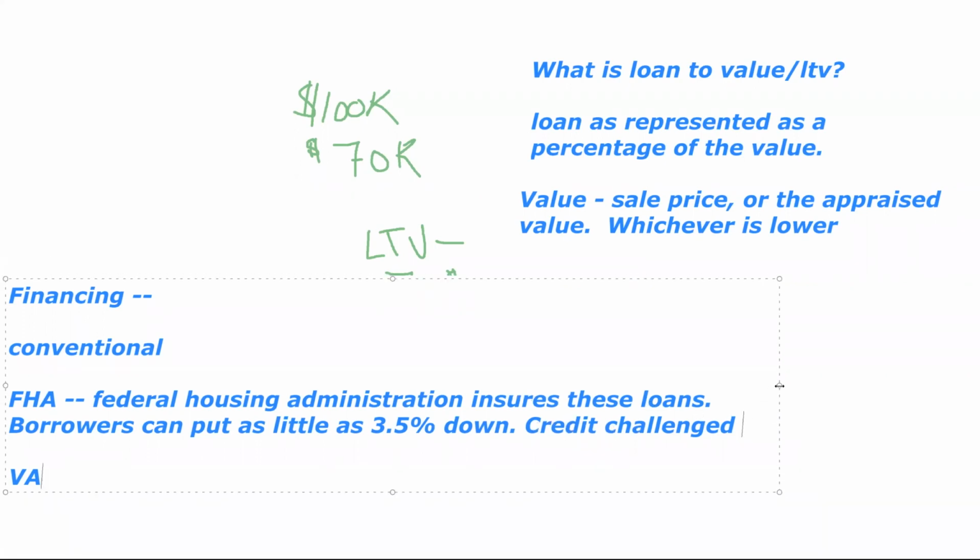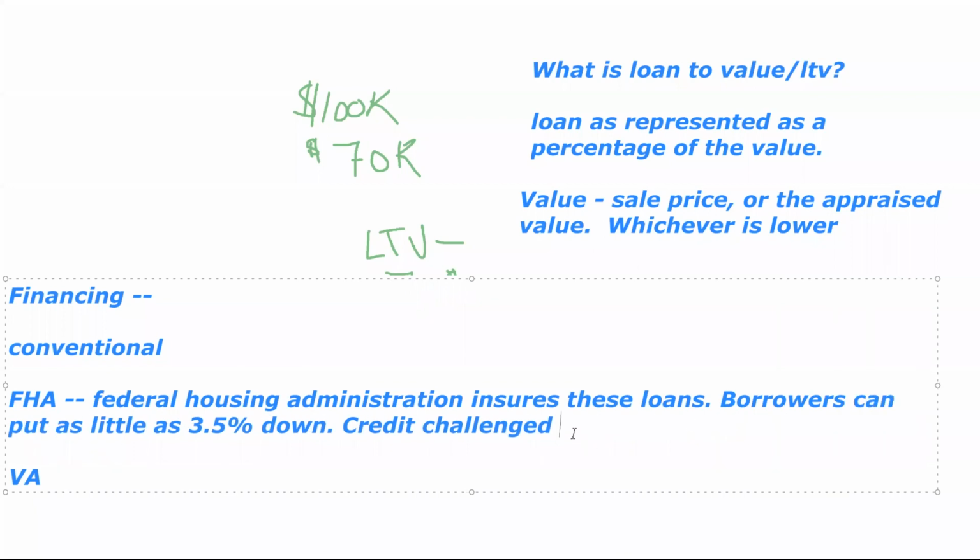And now here's the thing. Who do they insure? Do they insure the borrower? They insure the lender.